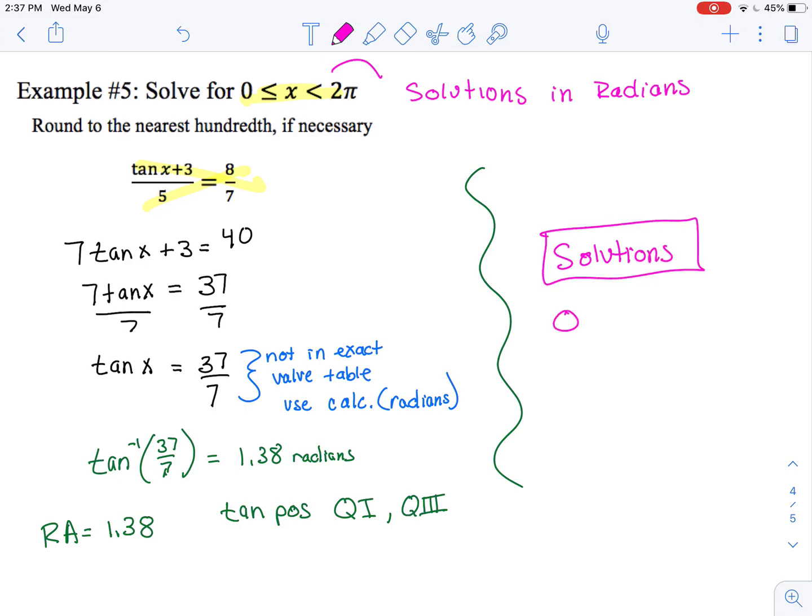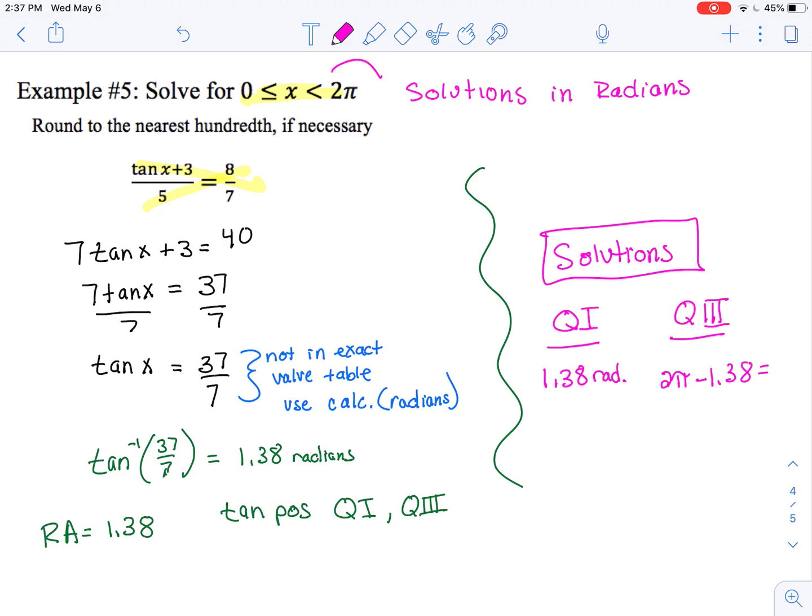My quadrant 1 solution is just going to be the reference angle, so it's going to be 1.38 radians. My quadrant 3 solution is going to be 2 pi minus 1.38.